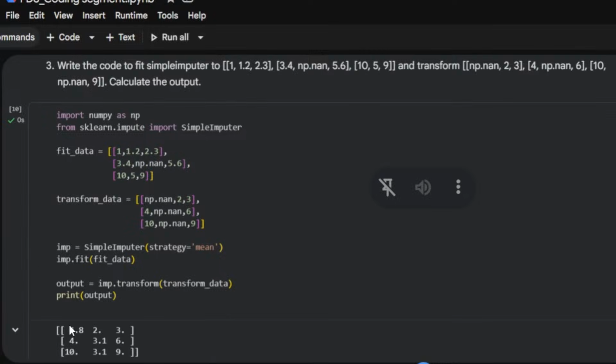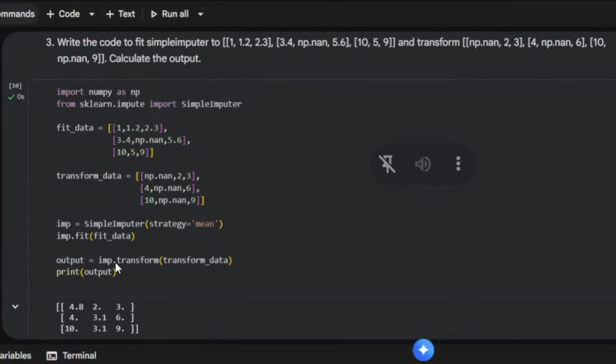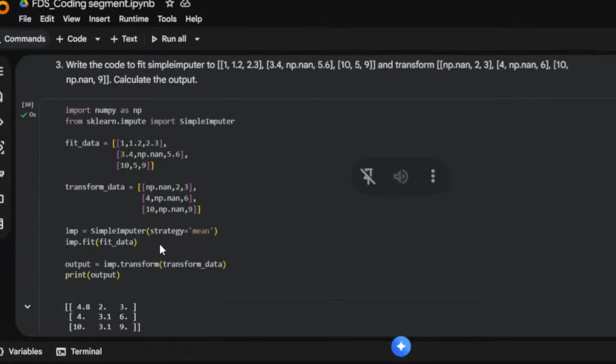Similarly for the second column, this is 1.2 and 5. So that is 6.2, and 6.2 by 2 is 3.1. This 3.1 will be used to replace the np.nan in the second column. Here there are two np.nan, and both are getting replaced by the same 3.1, as you can see. This is how it works.